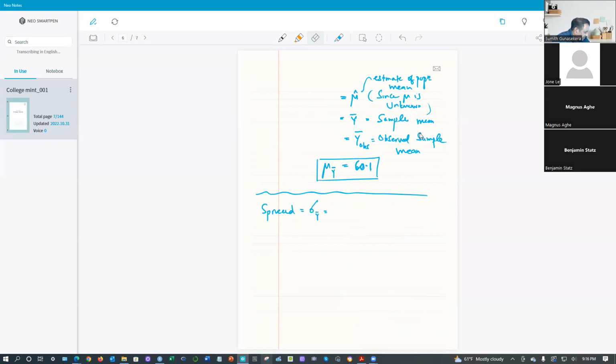That's nothing but the standard deviation of the sampling distribution of Y bar. I can replace this by sigma over square root n, the population standard deviation over the square root of the sample size.